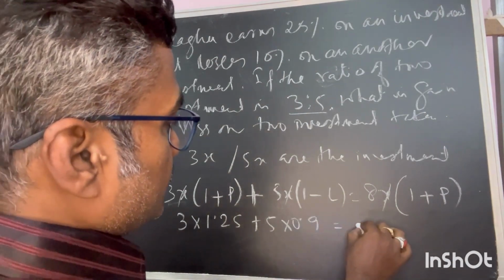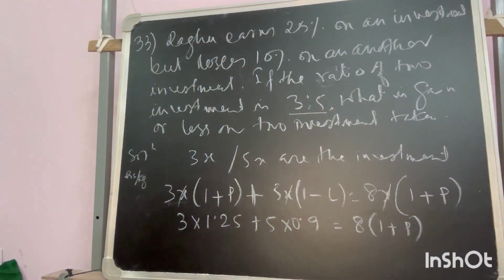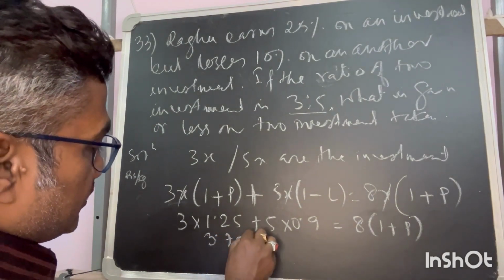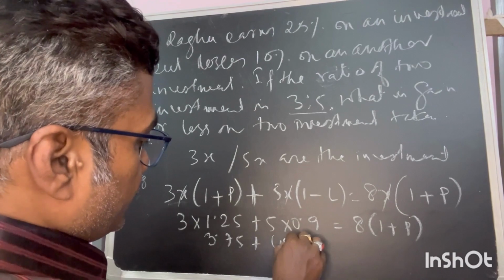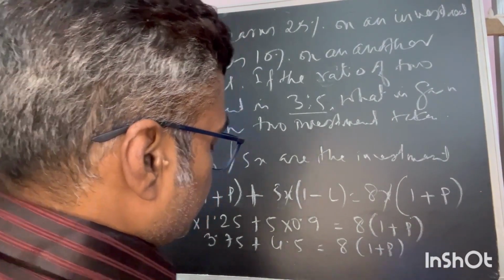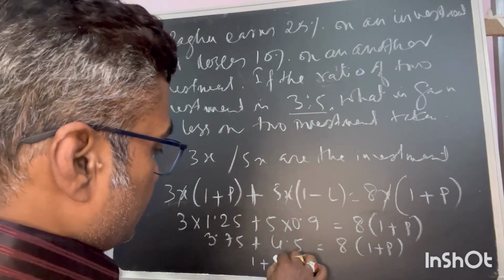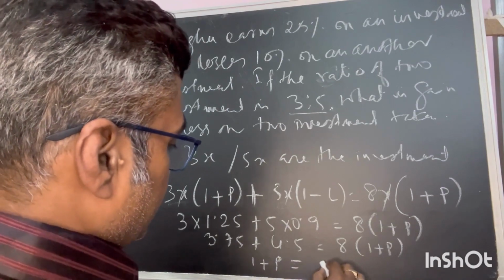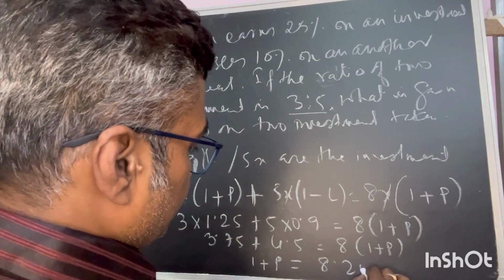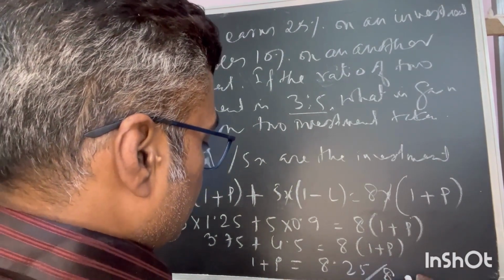This will be 8 into 1 plus P. Now this is equal to 3.75 plus 4.5 is equal to 8 into 1 plus P. So 1 plus P is equal to how much? This is equal to 8.25, and if we divide it, this 8 will give you this much.